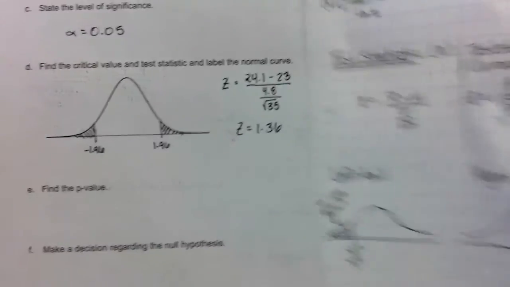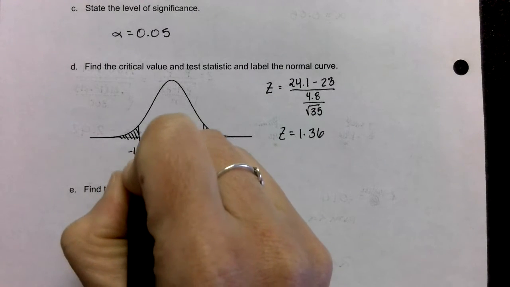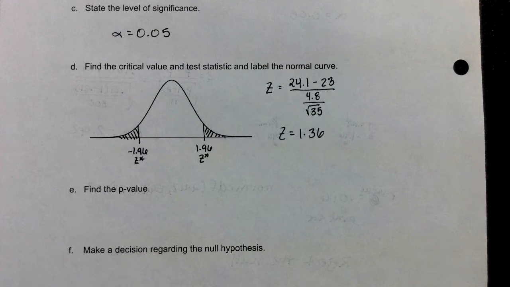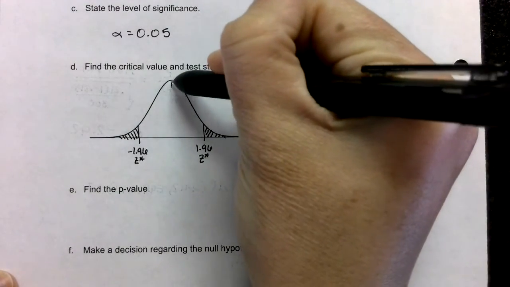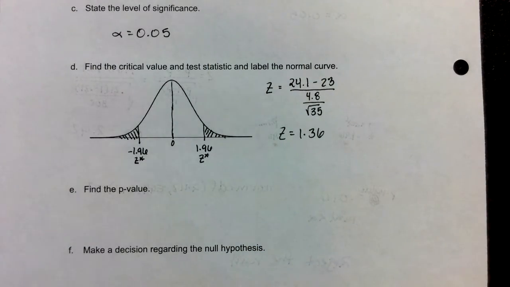So just to remind you, test statistic and critical value. Your critical value tells you how many standard deviations you can be above or below the mean and still be considered acceptable or normal. And then your test statistic is based on your sample, how many standard deviations are you actually above and below the mean. And we're basing this all off of a standard normal distribution with 0 in the middle.